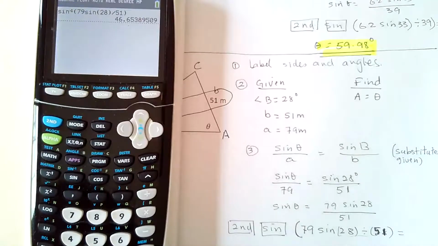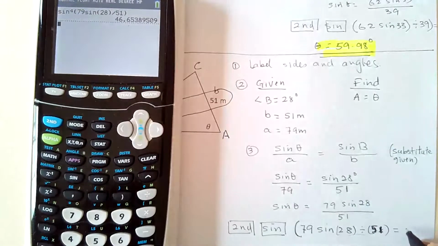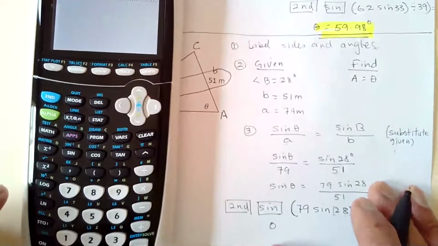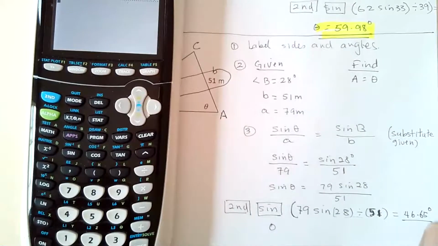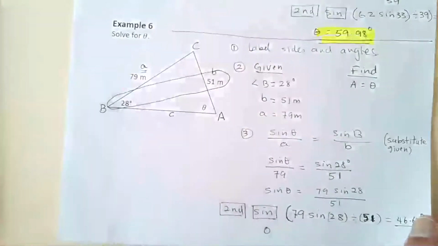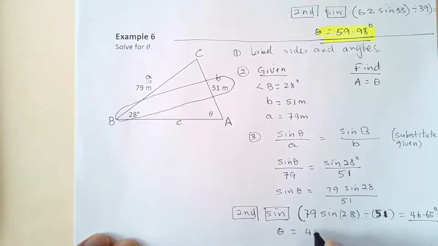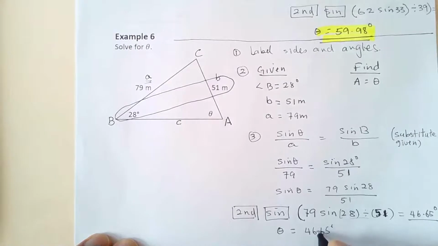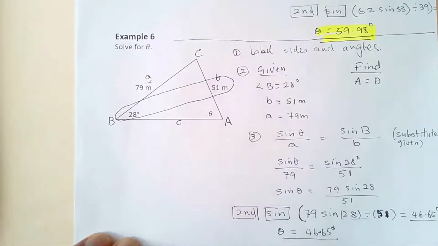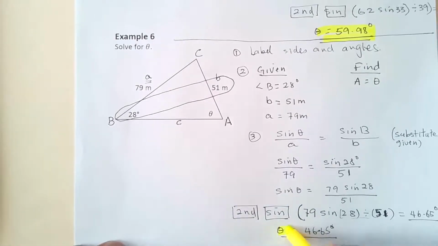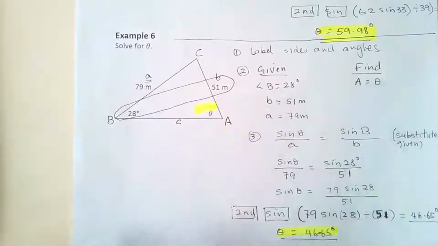And now gives me a result of 46.65 degrees. So theta equals 46.65 degrees. I'll record it here.